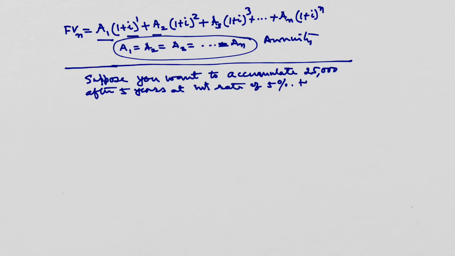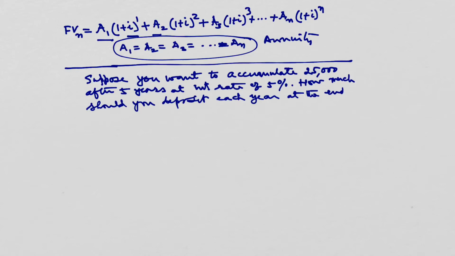How much should you deposit each year, at the end of each year, to receive the accumulated amount of rupees 25,000?